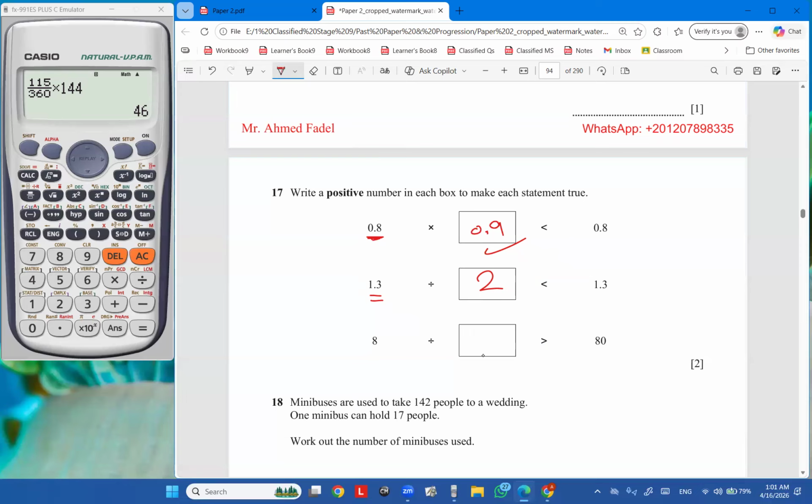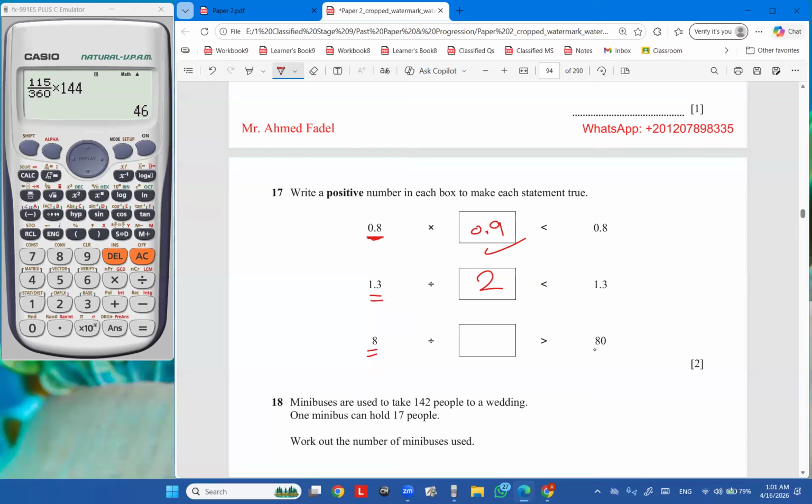8 divided by what is going to give you an answer that is greater than 80? Well, division over here, and it just gives me a greater answer. Well, this is weird? No, it's not weird. As long as you're dividing by something that is smaller than 1, then definitely the answer is going to be greater than the 8.